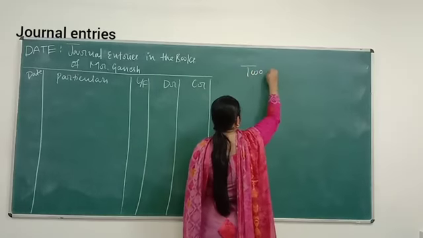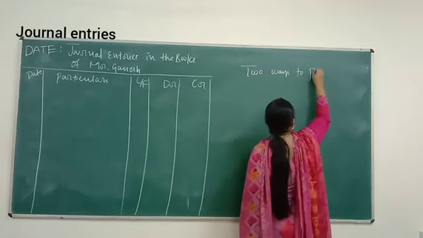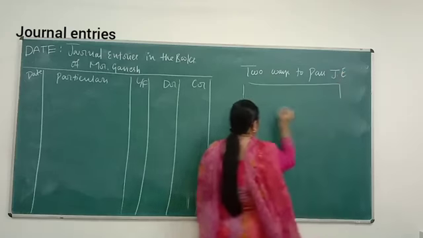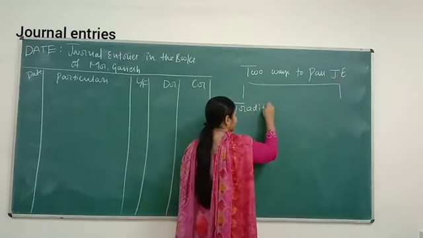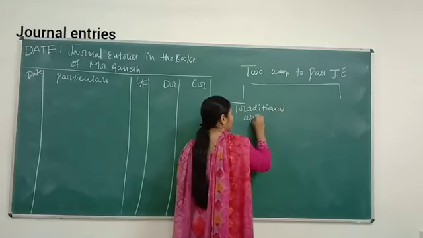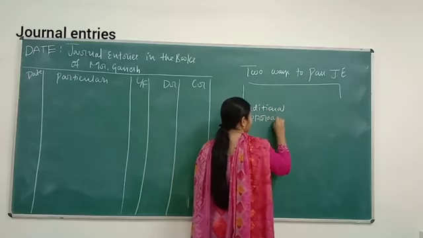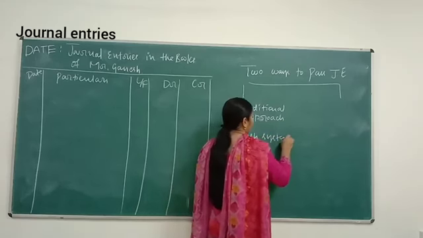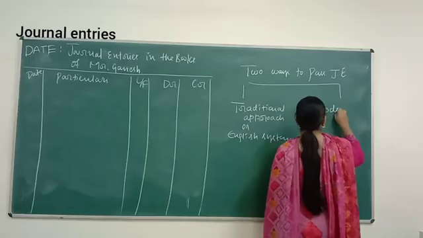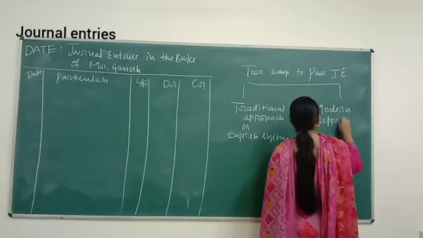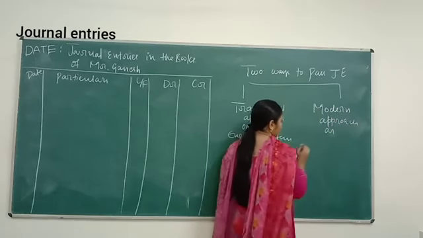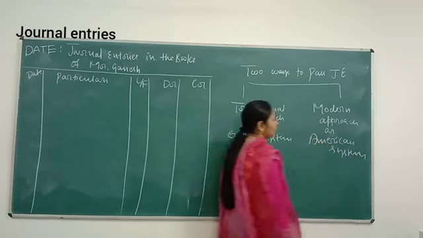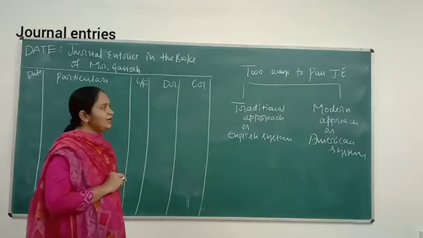The traditional approach is also known as the English system, and the modern approach is known as the American system. Through these two ways you can pass the journal entries.